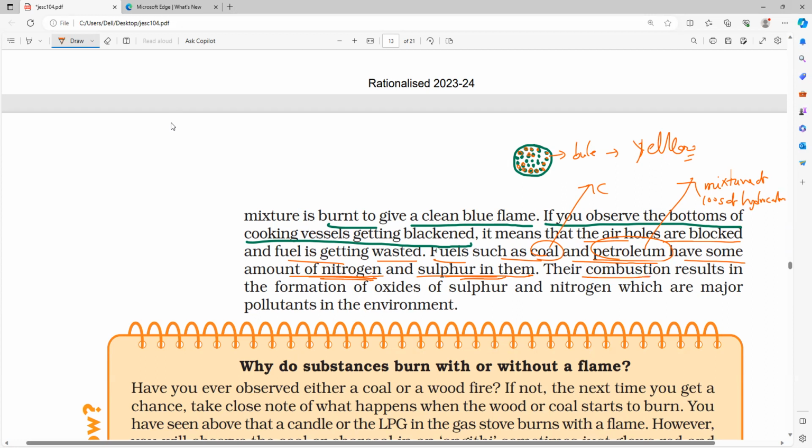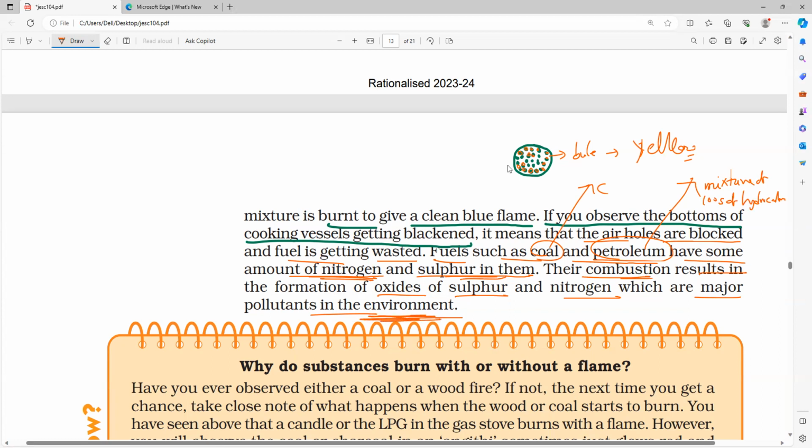Their combustion results in the formation of oxides of sulfur and nitrogen, which are major pollutants in the environment. You can see sulfur dioxide, nitrogen monoxide, sulfur trioxide. These are all pollutants of the environment.